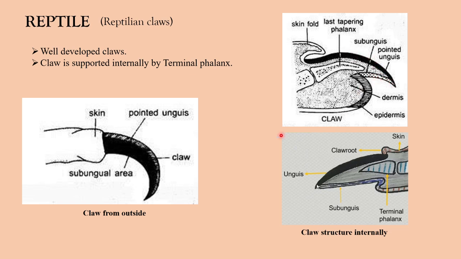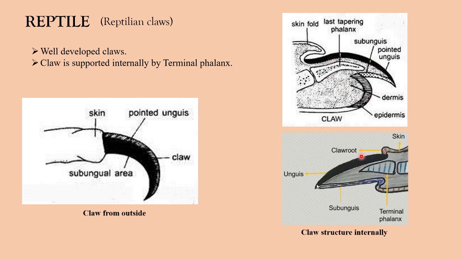Here, the unguis is sharply curved and below it is the subunguis. This claw is supported internally by the terminal phalanx. Here it is given as the tapering phalanx, but both are the same. What exactly is this phalanx? It is a bone supporting the claw and can be present in the finger or the toe.